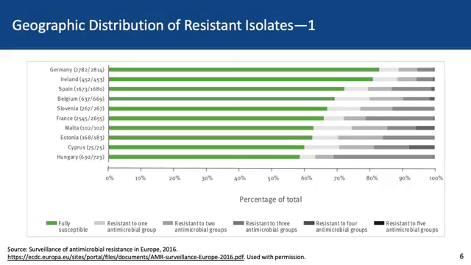So first, this slide shows us something about the geographic distribution of resistant isolates. When you look at a figure, it's always important to identify the legend and to look at the different axes to orient yourself to the data that are being presented. So first, let's look at the legend, which is at the very bottom, and we have different colors.